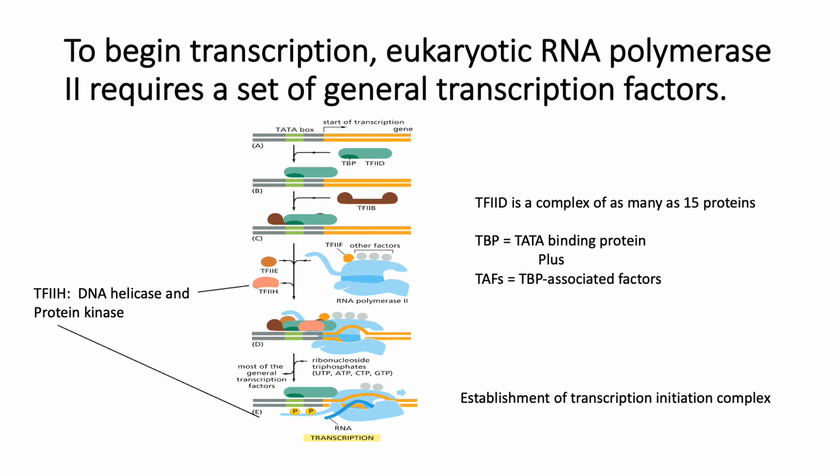It even has just other factors. And only then does the RNA polymerase bind to the DNA. So the TF2D, the TF2B, the TF2E, and the H, and all these other factors bind, and they provide, in a sense, a binding site for the RNA polymerase. So the RNA polymerase is not binding directly to the DNA like the E. coli RNA polymerase. It's actually binding to a protein complex.